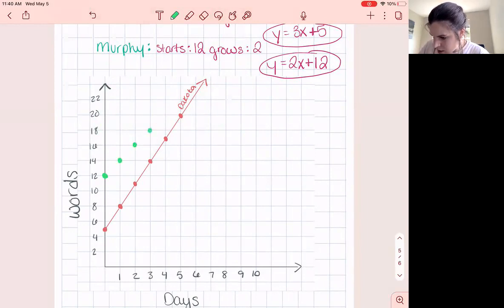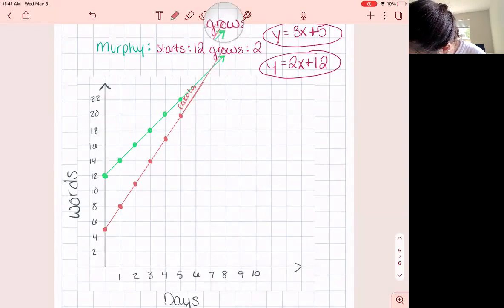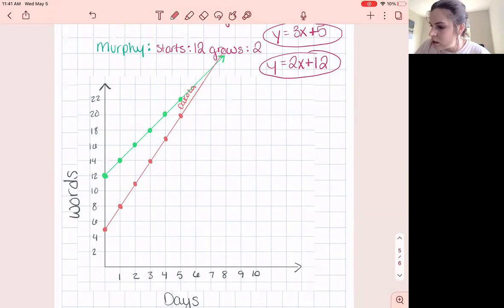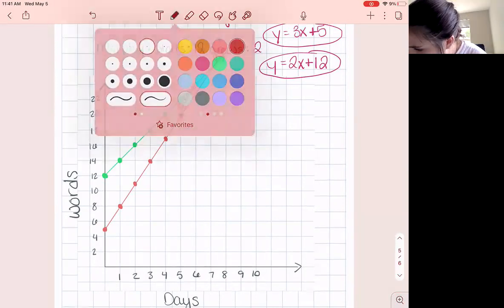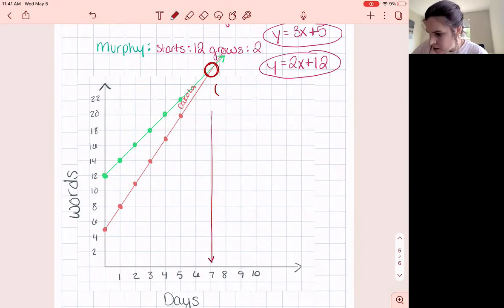So every day it's plus 2 until they cross. And I maybe should have made this graph a little bit bigger. I'm going to need to go back and make Dakota's line a little bit longer. There we go. So it looks like they're going to cross right here, which is on day 7.